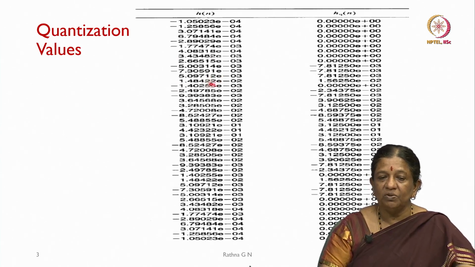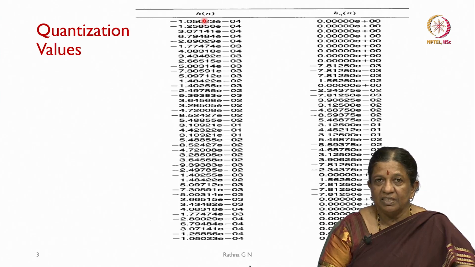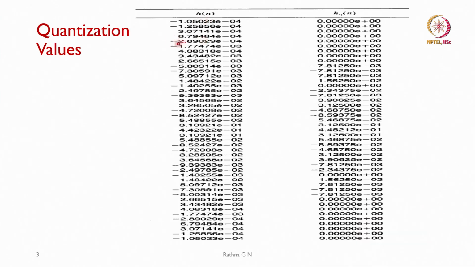Here it is going to show me h of n. You will be seeing the FIR filter continuous signal. The values represented range from minus 1 times 10 to the power minus 4, and you will see that some more values are present. When I do the quantization of it, we call it hQ of n, the quantized version.